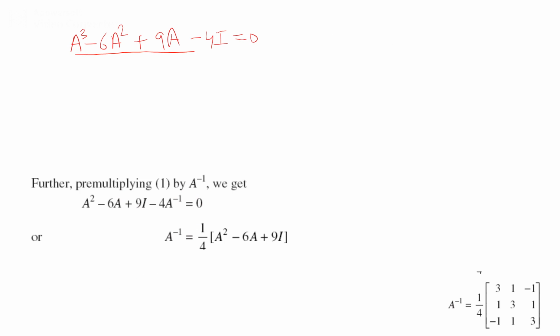For that we take the left hand side, A cube minus 6A square plus 9A minus 4I. So we have to find A cube. You can easily find it. First you find A square, A into A, then you find A cube, that is A square into A.